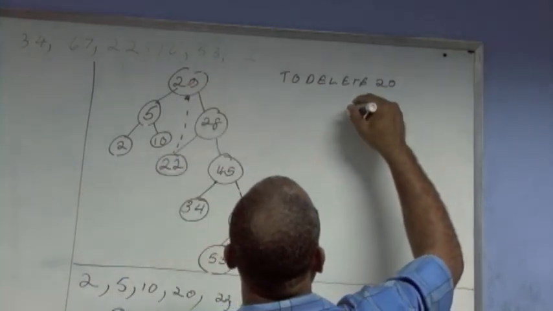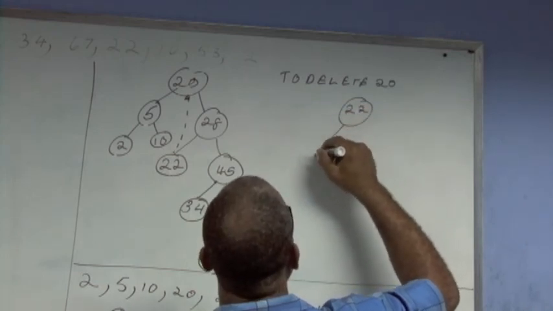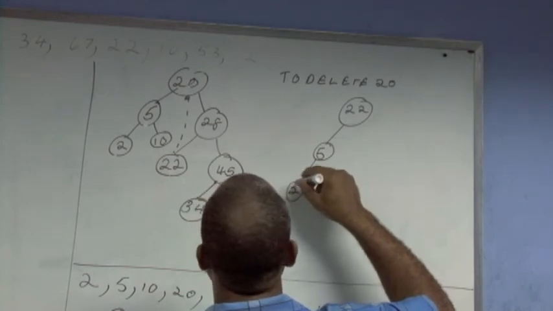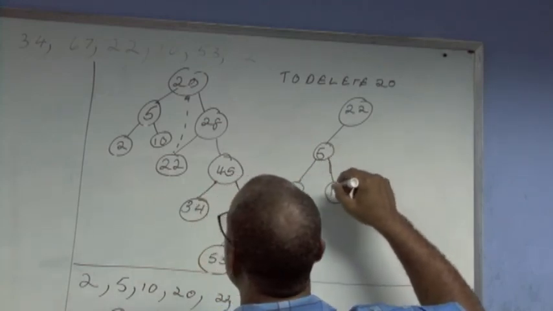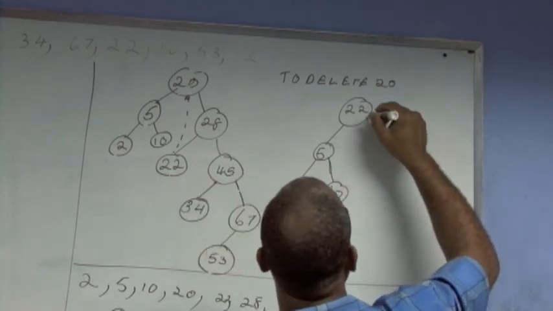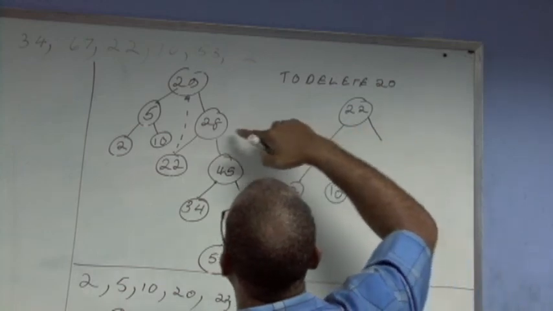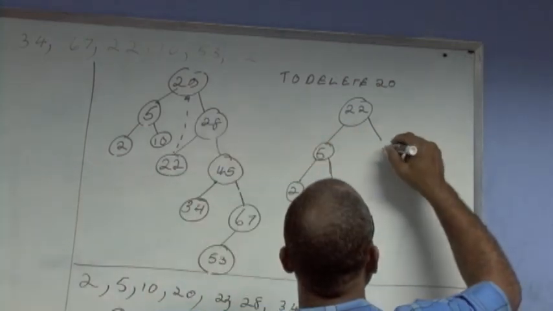So we're going to have the 22 as a root, then 5, then 2, then 10. Then the 28 now will still be to the right of 22.